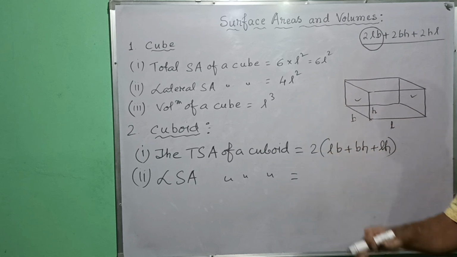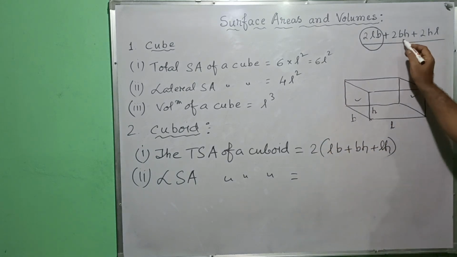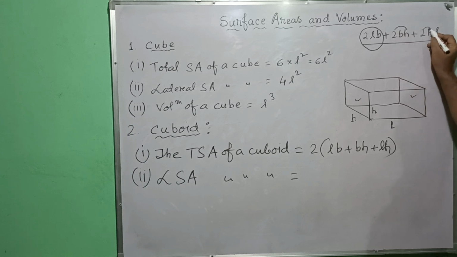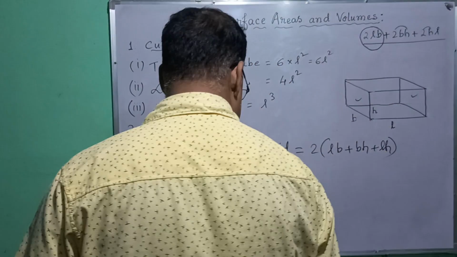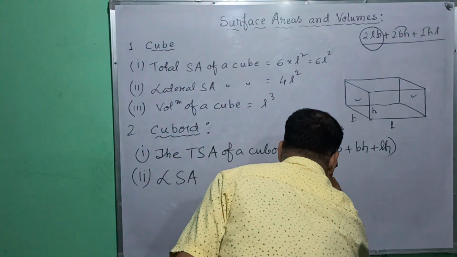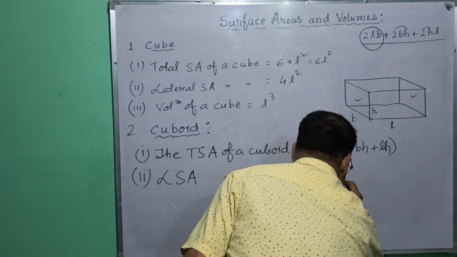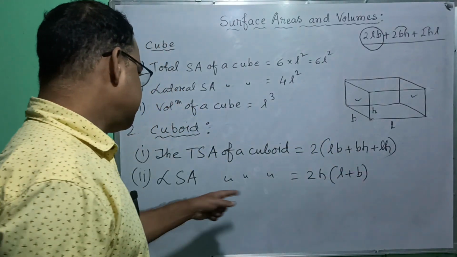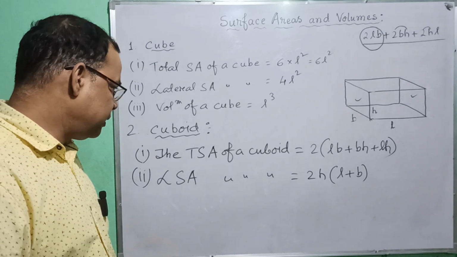If we remove it, we are getting 2BH plus 2LH, and here we can take 2H as common. So here will be 2H into (B plus L), or 2H into (L plus B), same thing. So this is the lateral surface area of a cuboid.